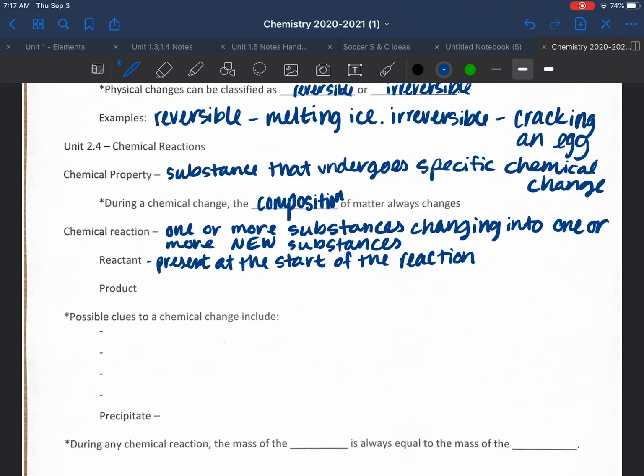Which leaves us with the product or products. Again, there can be more than one reactant and there could be more than one product. So a product is defined as produced in the reaction.